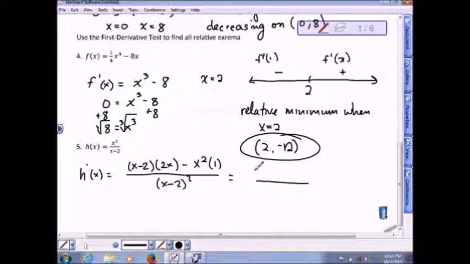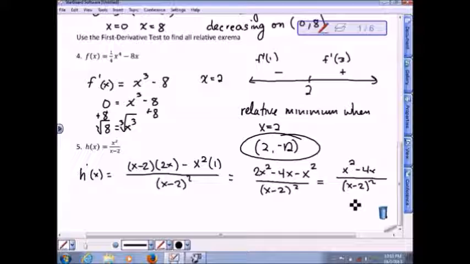Simplifying the numerator, we're going to have 2x squared minus 4x minus x squared over x minus 2 squared. And simplifying one more time, we're going to have x squared minus 4x all over x minus 2 squared.